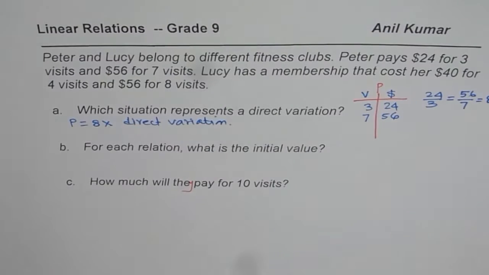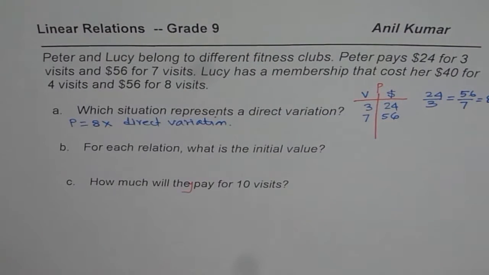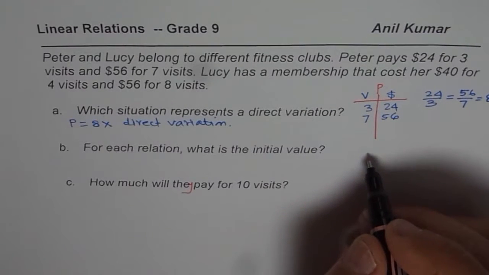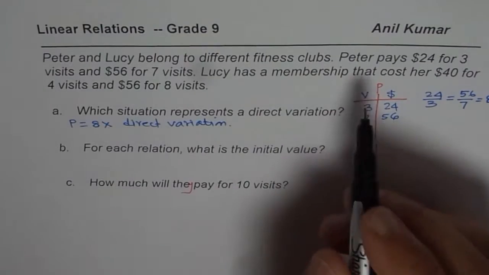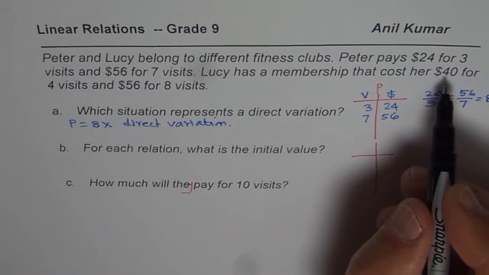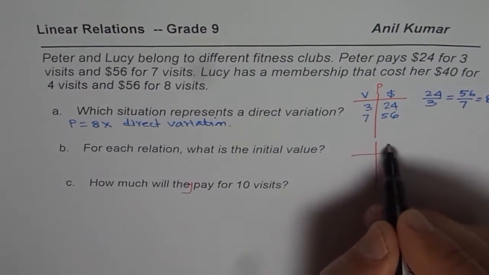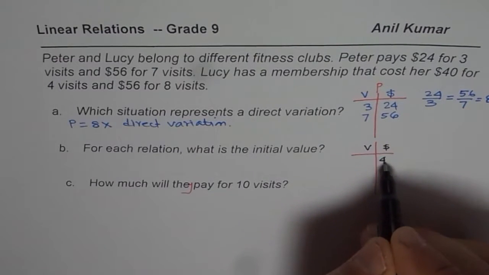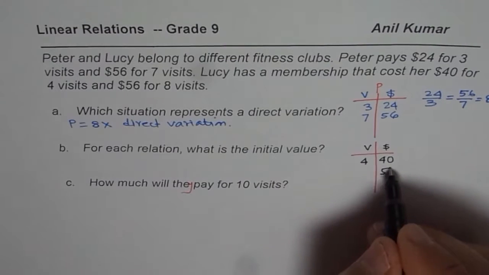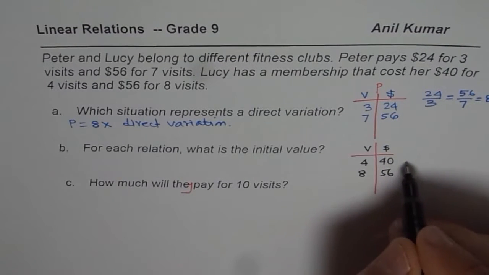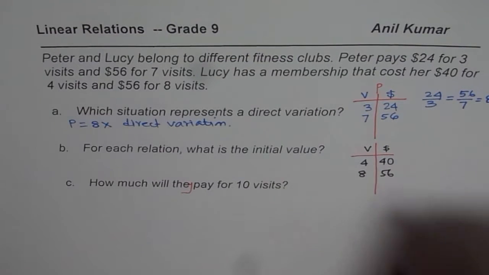Okay, we'll also analyze for Lucy. So now for Lucy, what is the situation? She pays $40 for 4 visits and $56 for 8. So let us find the ratio.